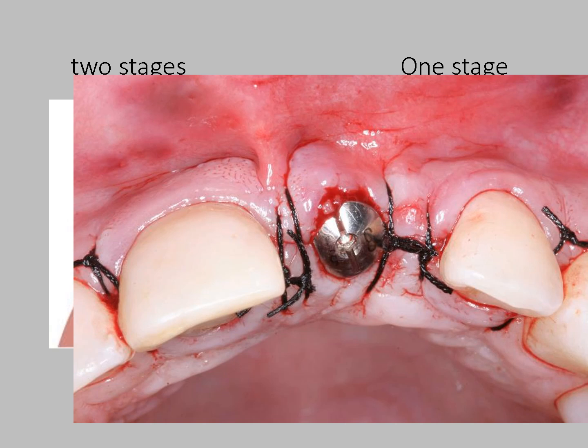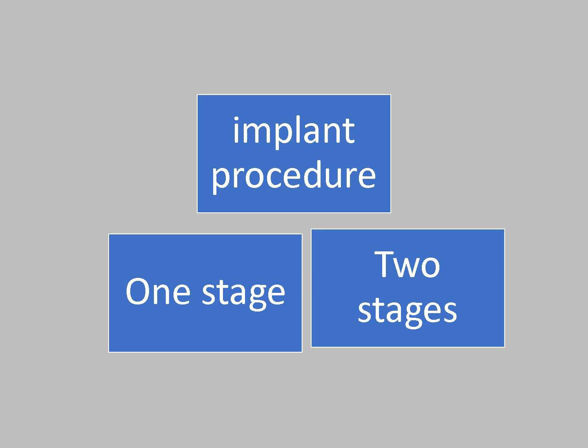So there are 2 types of surgeries: 2-stage surgery and 1-stage surgery of dental implants. This is called the classification of implant procedure by type of surgery. In 1 stage, as we said, we go for the gingival former in the same surgery, and in 2 stages, we go for a covering screw for the first one, and then we open it and place a gingival former.